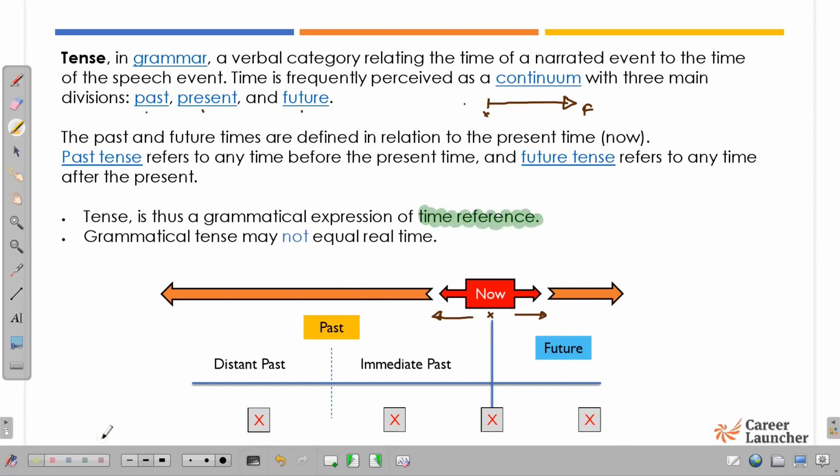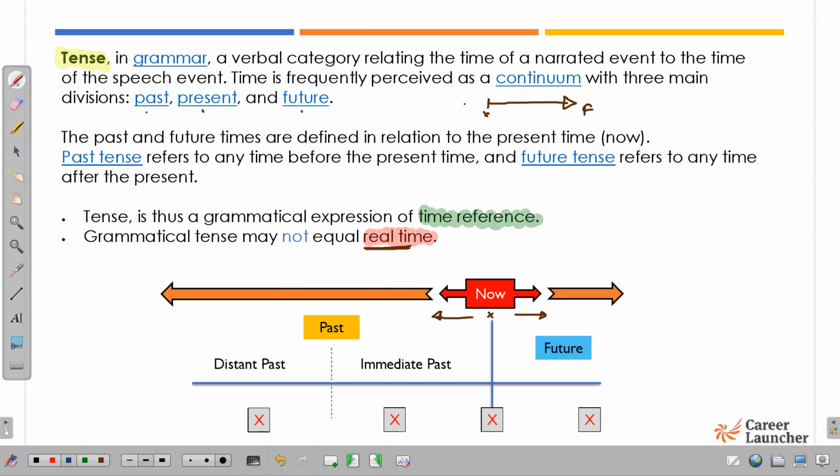Whenever we want to talk about the existence of things and their actions from a time perspective, the time reference is denoted by tense. Thus, grammatical tenses may not necessarily be equal to real time. Try to understand that there is a narrative viewpoint that comes in, so they are not necessarily the real time that is depicted. Grammatical time is therefore different from real time, and we have 4 basic positions for it.